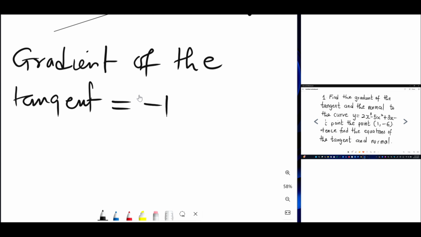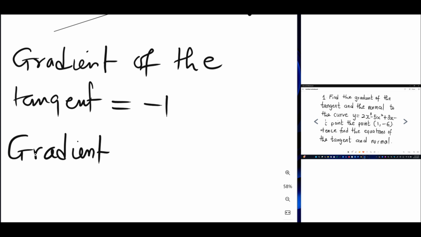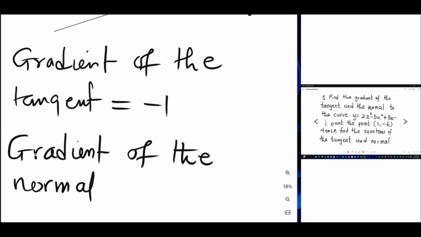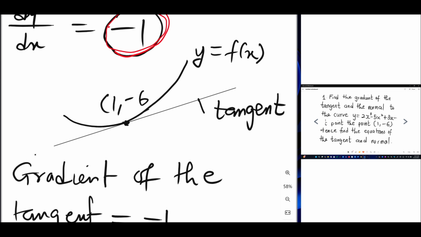So let us continue. Now, we have to also find the gradient of the normal. So let us look at the gradient of the normal now to the tangent of the curve. All right. So let us get our normal.